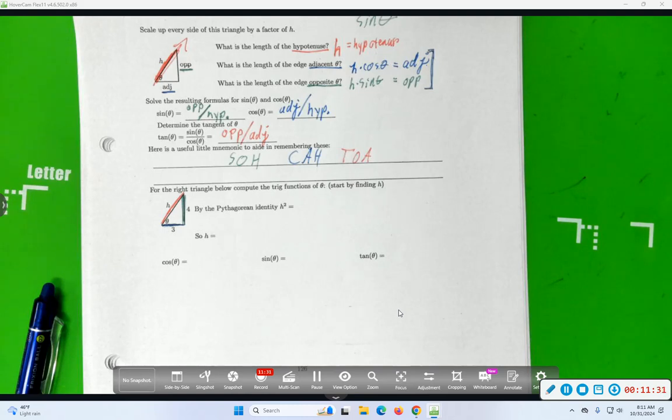What's the length of the hypotenuse? Oh, that wasn't a handout. We were just telling you the answer. It's 5.